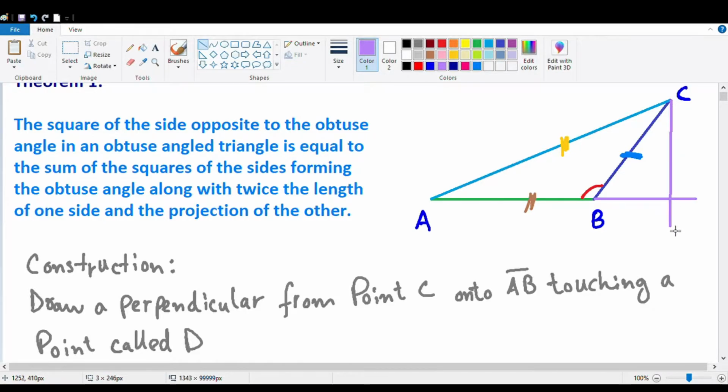So this is the perpendicular from point C, and let's make this a little dotted too.